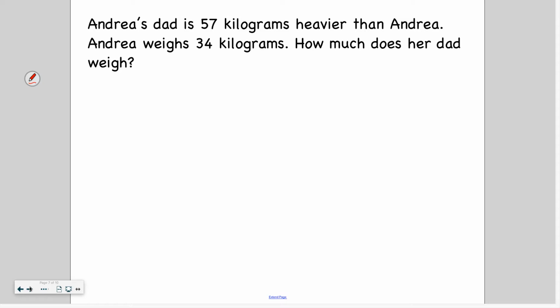If you do not have the materials you need, please pause now and grab what you need so you can solve with me. So I want you to be solving as I solve as well. Andrea's dad is 57 kilograms heavier than Andrea. Andrea weighs 34 kilograms.